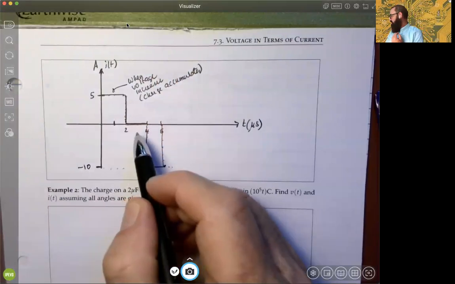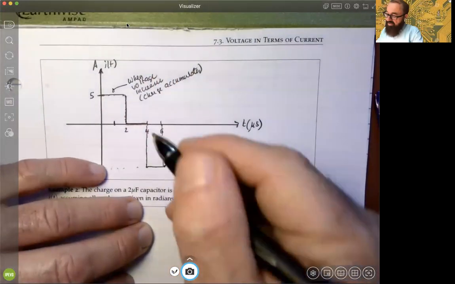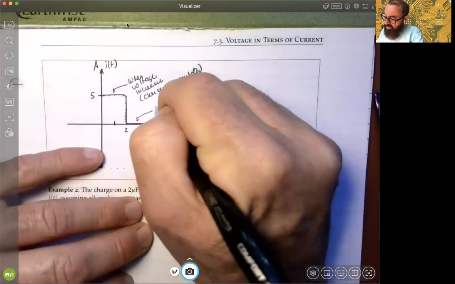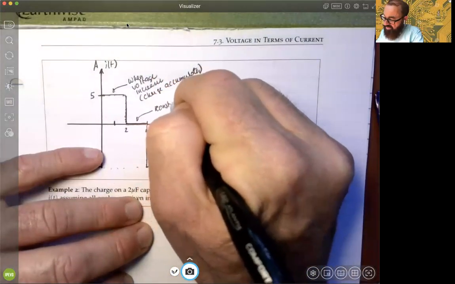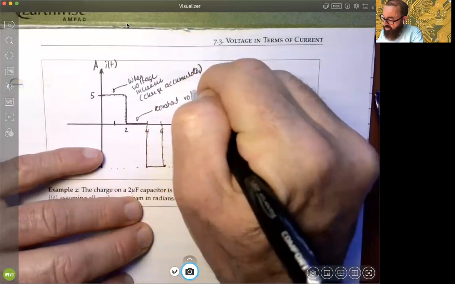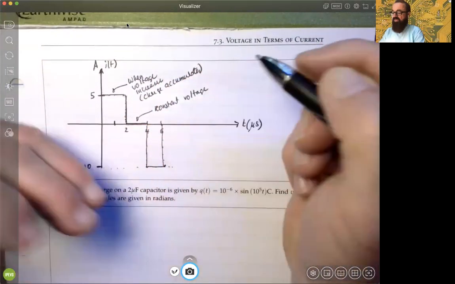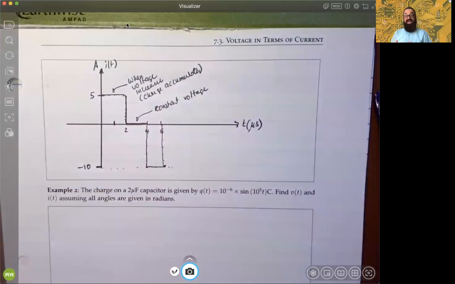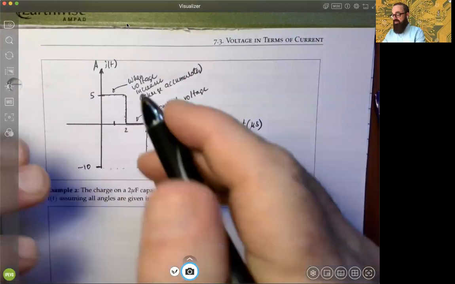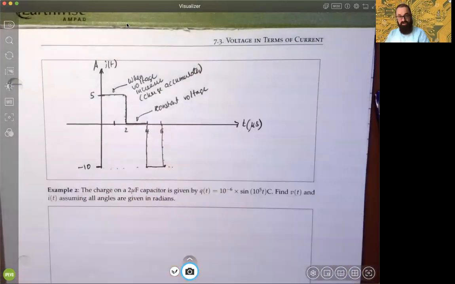The minute you hold your voltage constant, you got no current. So this is a representation of constant voltage, and there is no current flowing. It's holding the charge it had, but no more accumulation. You've held what you got, but you're not going to accumulate anymore because the voltage is no longer changing. And then, boom, it goes very negative.